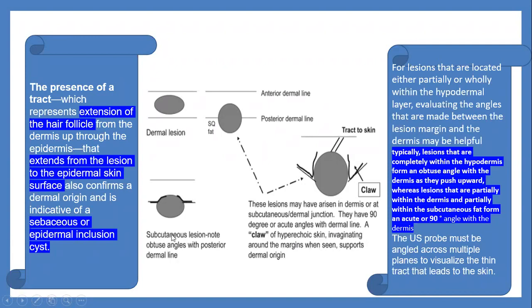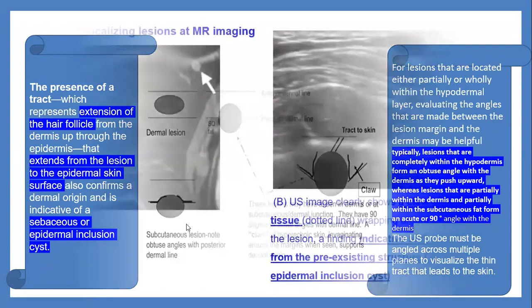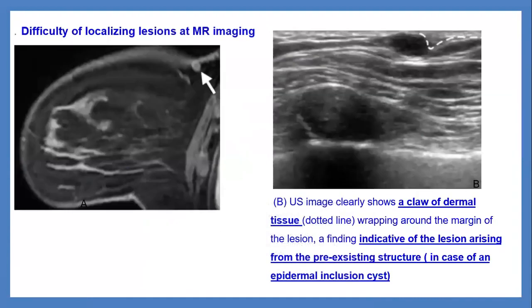When the lesion is arising from the hypodermis, it will give an obtuse angle, like the lesions arising from the chest wall or from the mediastinum versus lung lesions.